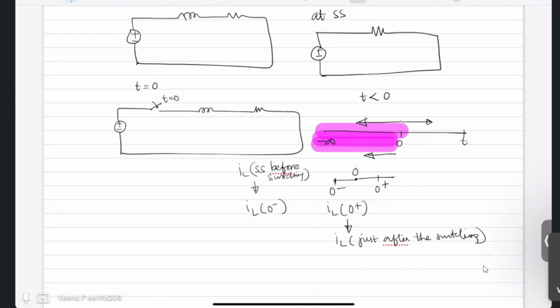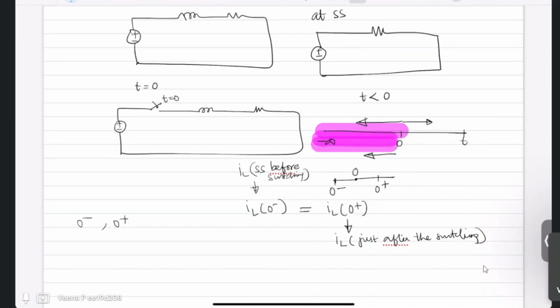Since inductor does not allow the current to change abruptly, both these values will be same. So for finding the values of the circuit at 0 minus and 0 plus, we will assume that in the case of an inductor, the inductor current before switching and inductor current just after switching will be same.